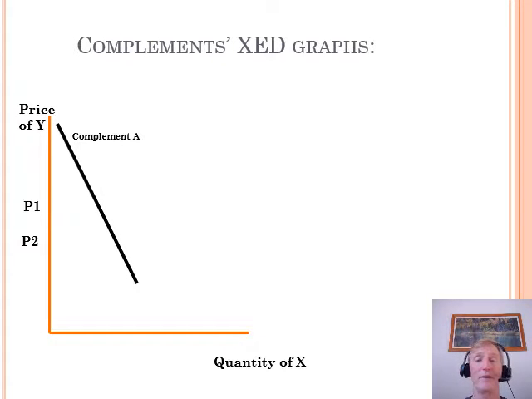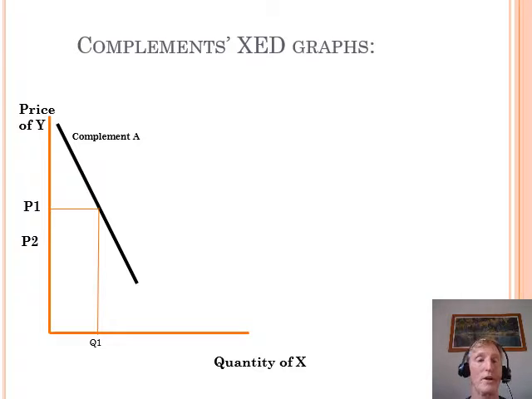In the case of a complement, here we see on the y-axis the price of one product. And that is causing a change in the quantity of X. So let's say that we're at price number 1 and we get a certain quantity for X. And that could be drawn on its own demand curve, but this is not a demand curve.